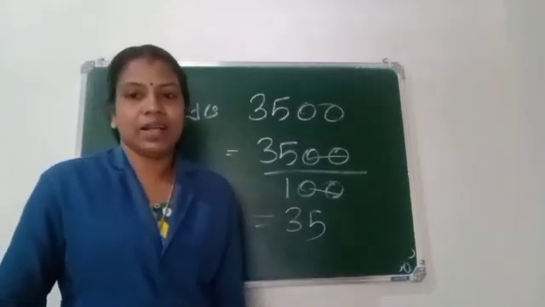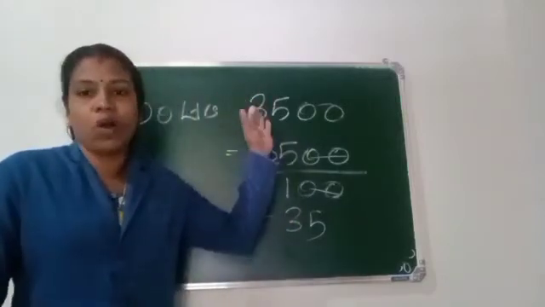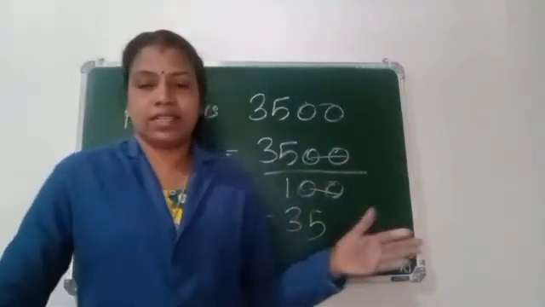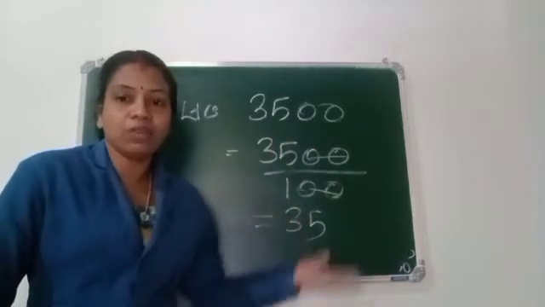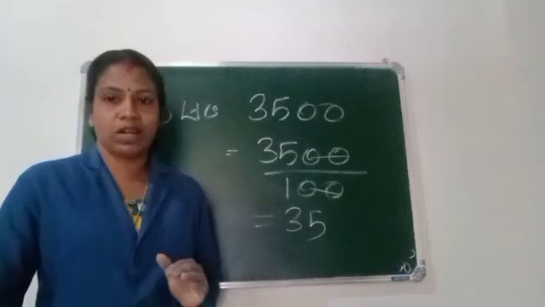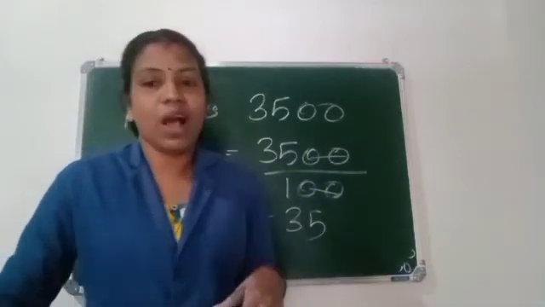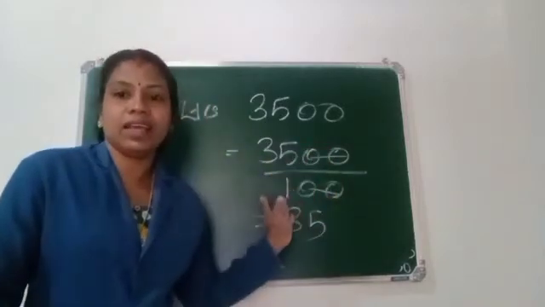Clear? This is another type of problem. Here the total quantity is given: the cost of 100 liters of diesel, and we have to find the cost of 1 liter only. So from more quantity we have to find one quantity, and we apply division.